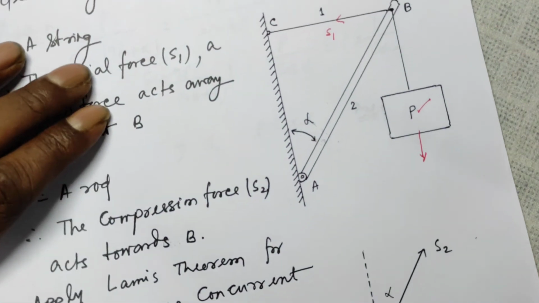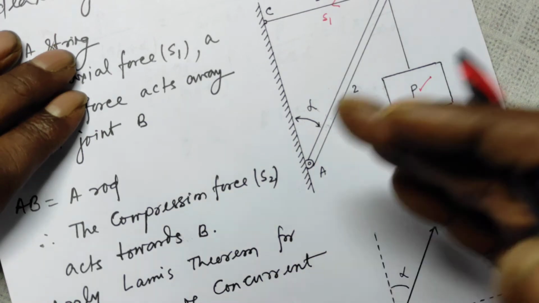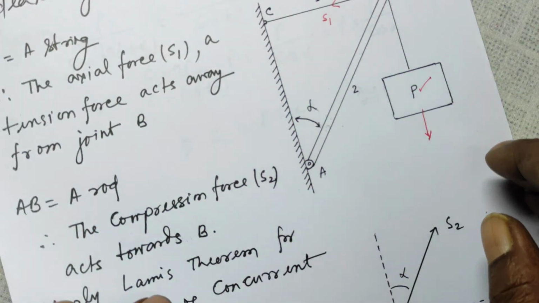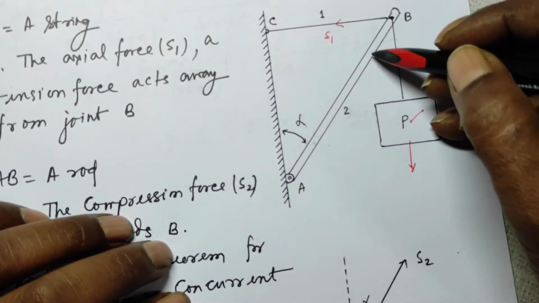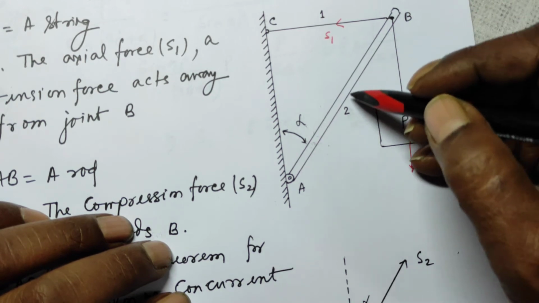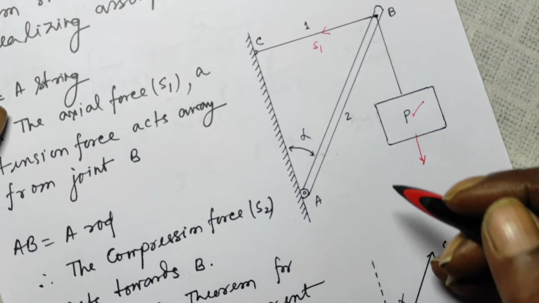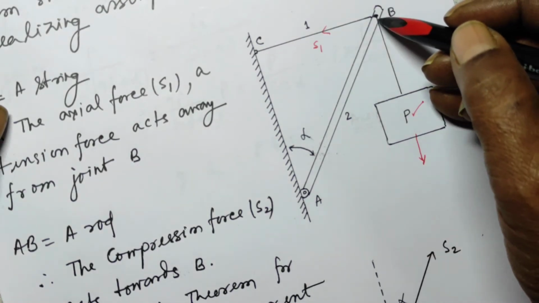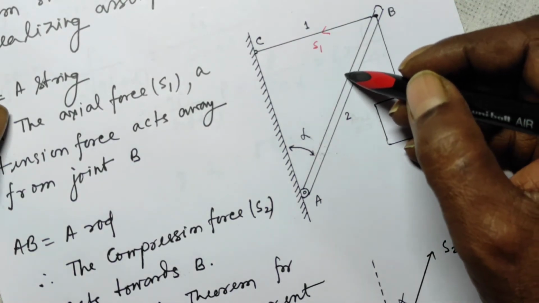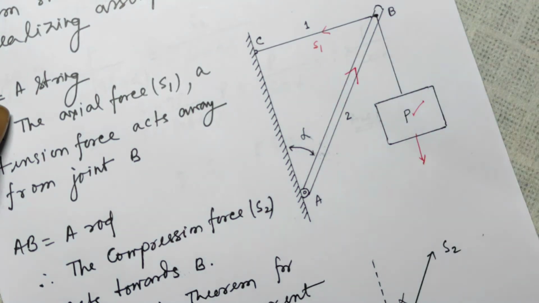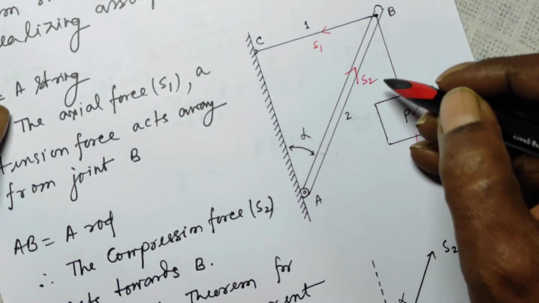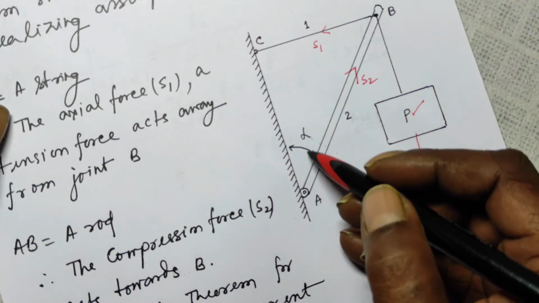If you apply transmission of the forces along the rod, the compression force S2 developed in the rod will be towards the joint B, to this side, and let it be S2, and that's all. This angle is alpha.